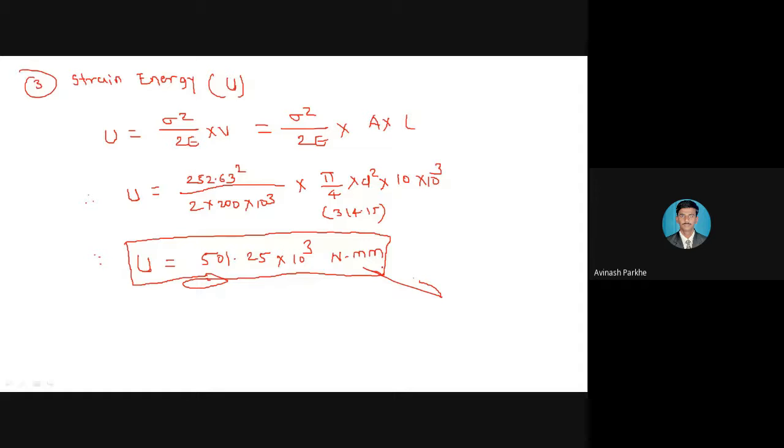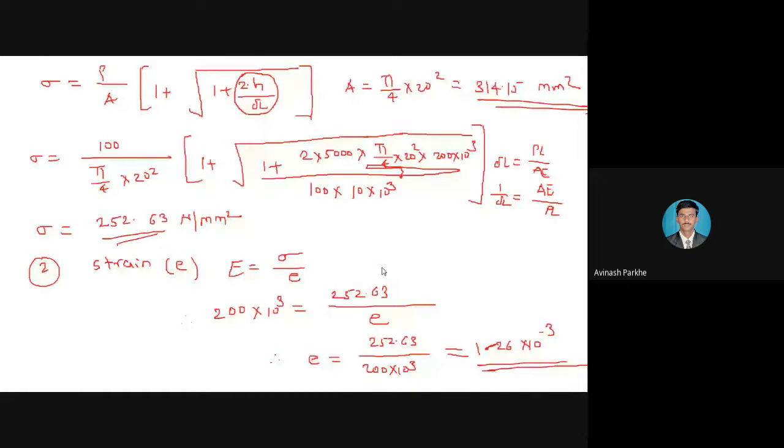This is the unit of the strain energy. So U is equal to sigma square upon 2E into volume. This strain energy formula will be the same for the gradually applied load, suddenly applied load, and the impact load also. In the previous problem, we calculated the stress; a separate formula is available to calculate the stress due to impact loading.